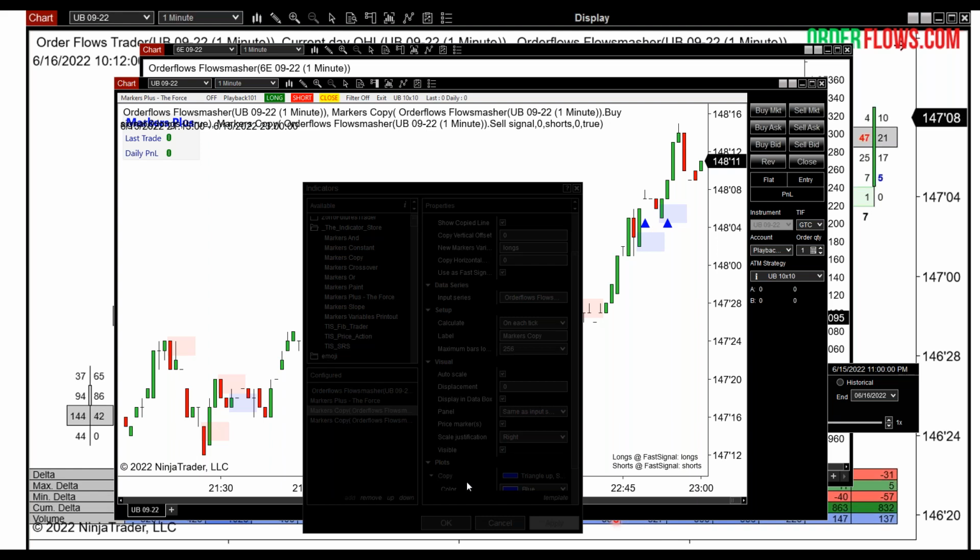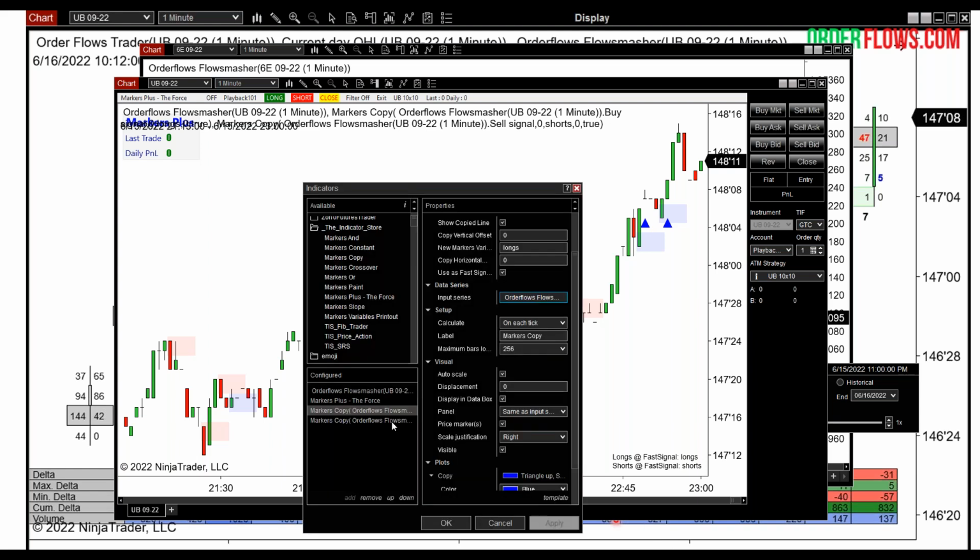And you do the same thing for the sell, right? You'd go into the other instance of markers copy and change it to sell. Same thing, but you'd change this variable to short, so whatever you named it under markers plus the force.